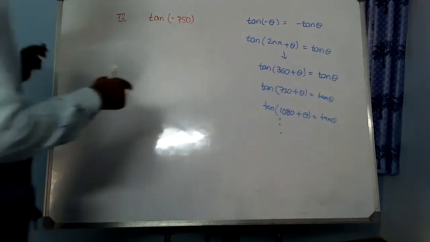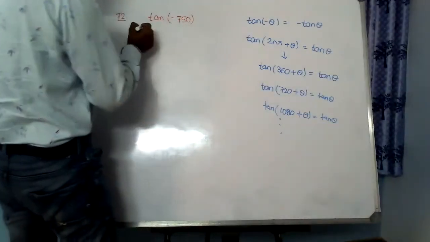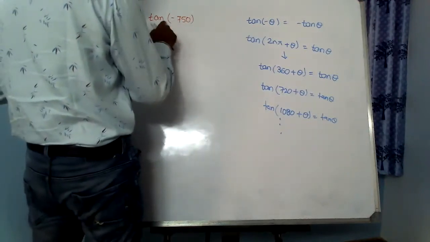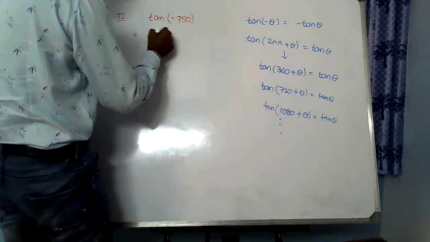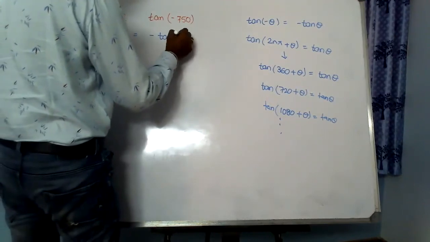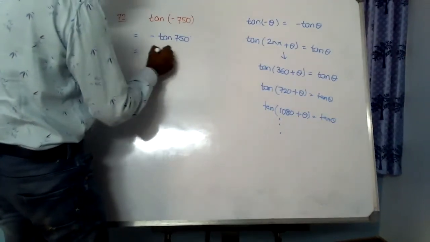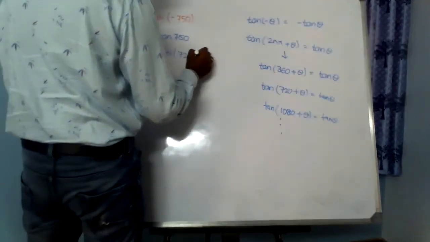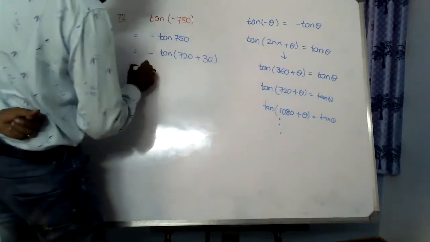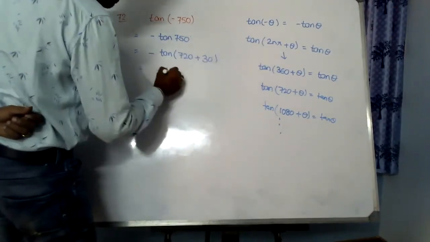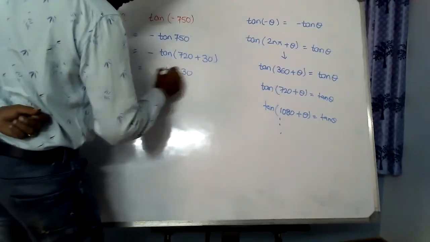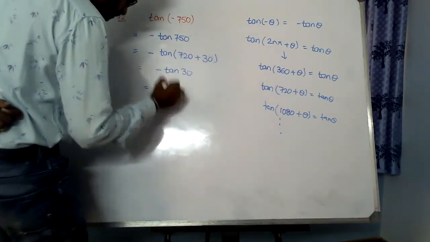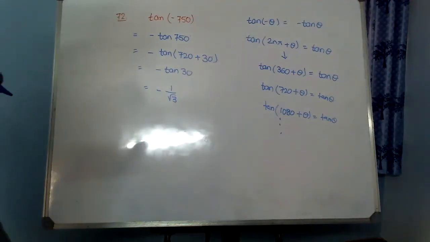So if I'm going to apply this rule here, first thing, tan minus theta is minus tan theta, so I'll write minus tan 750. This minus I'll keep out only. Tan 750, I can write tan 720 plus 30 degree. Am I right? You know, tan 720 plus theta is tan theta, so I can write minus tan 30 degree. Now what is tan 30 degree value? It's 1 by root 3 if I'm not wrong, and that's your option.